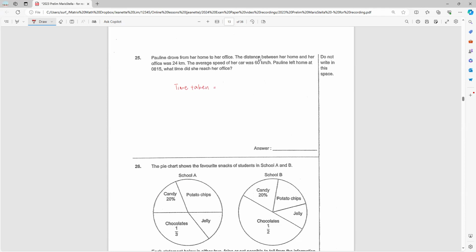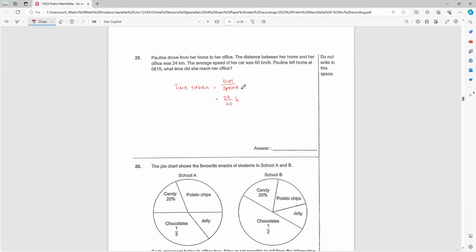So the time taken will be distance divided by speed. Okay, the distance is 24 km. So 24 over speed of 60. Now this is the time taken, but this is in hours, because we are using km per hour, right? So this answer here is in hours.